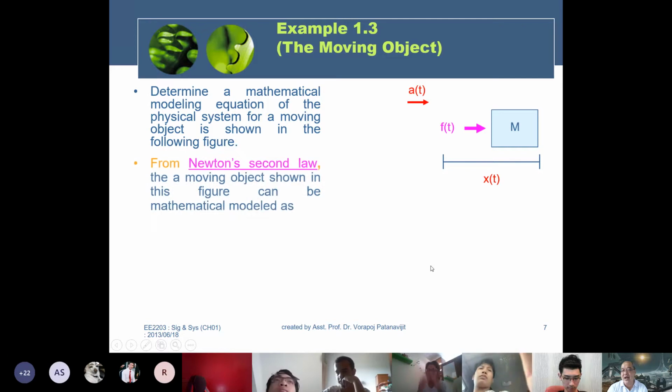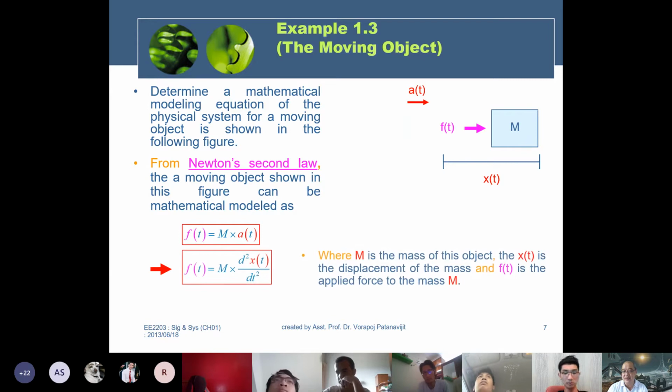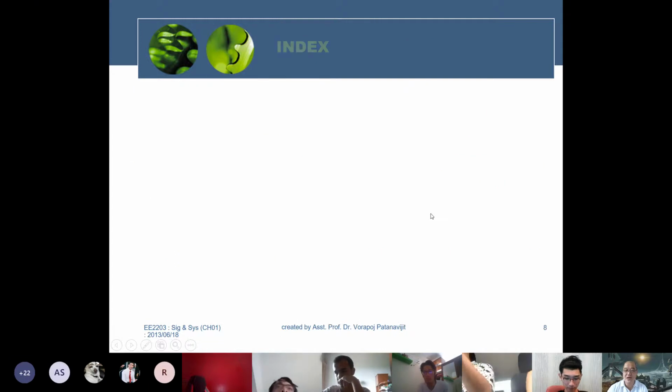You can explain it by applying another physics law, Newton's second law. The moving object shown in this figure can be explained by F equal to ma, where a is the acceleration, which is the second time derivative of the displacement x, m is the mass of this object, x is the displacement of this mass, and F is the force applied to the mass m.